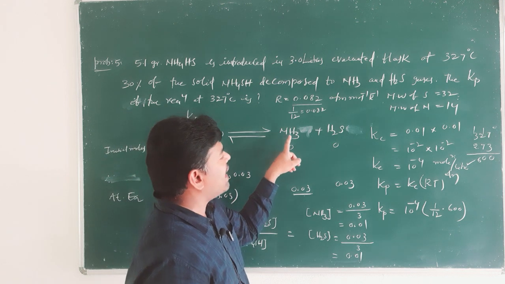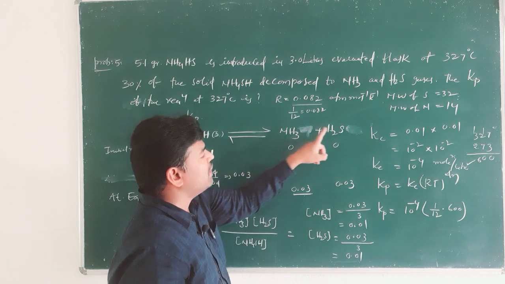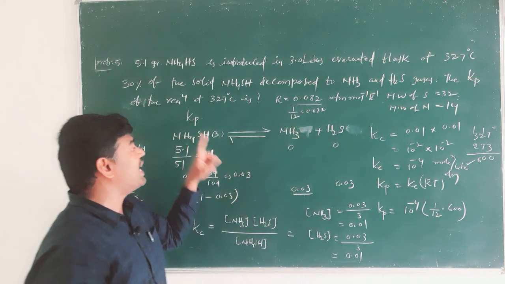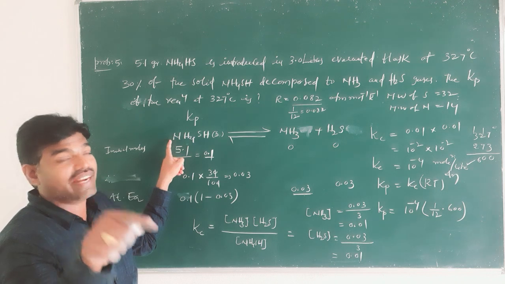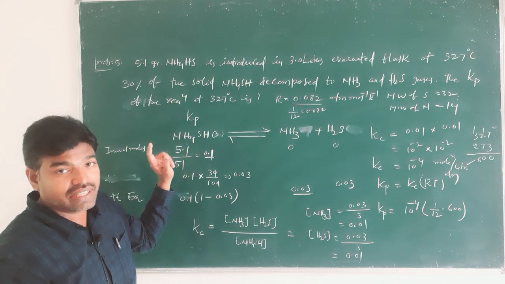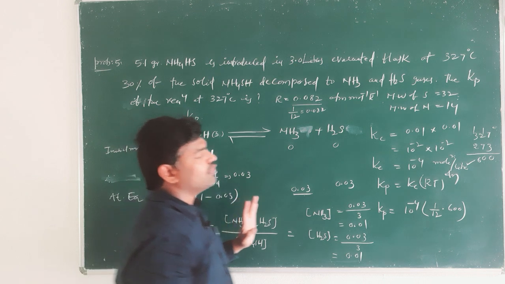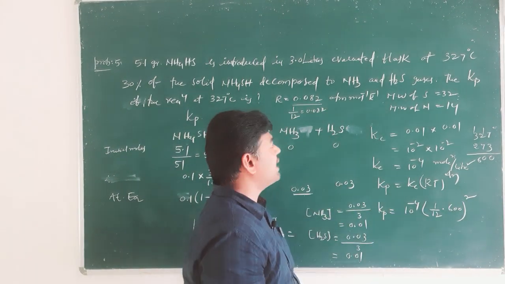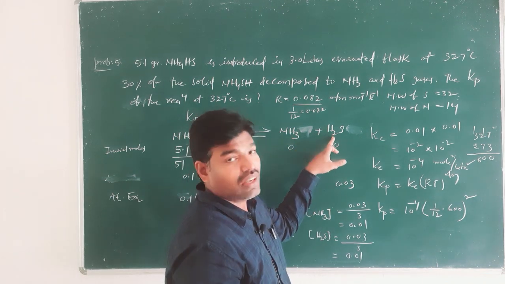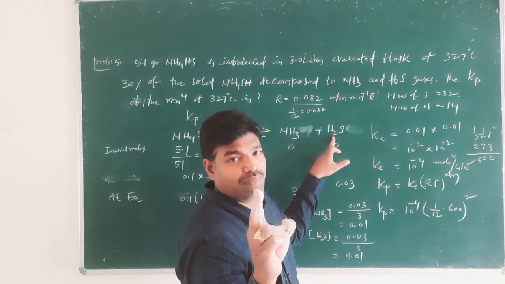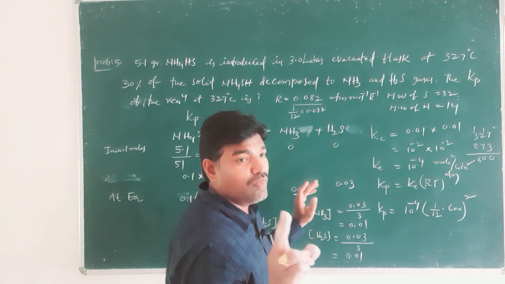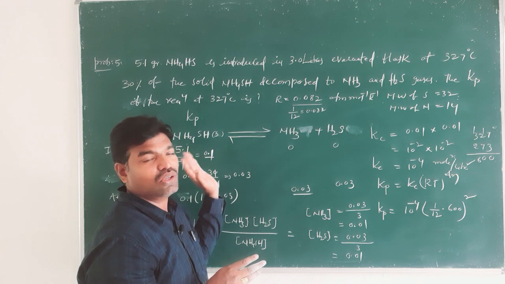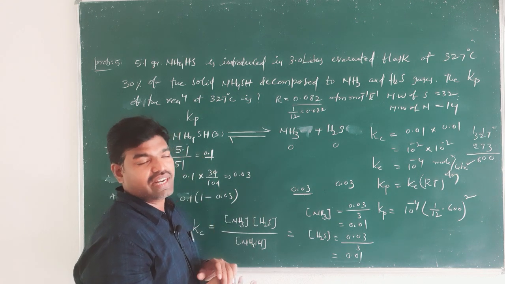Number of moles of gaseous products is 1 mole and 1 mole, so 2. There is no gaseous reactant, there is a solid in the reactant. So, delta n comes out to be 2, and there is no need to take the solid into consideration.